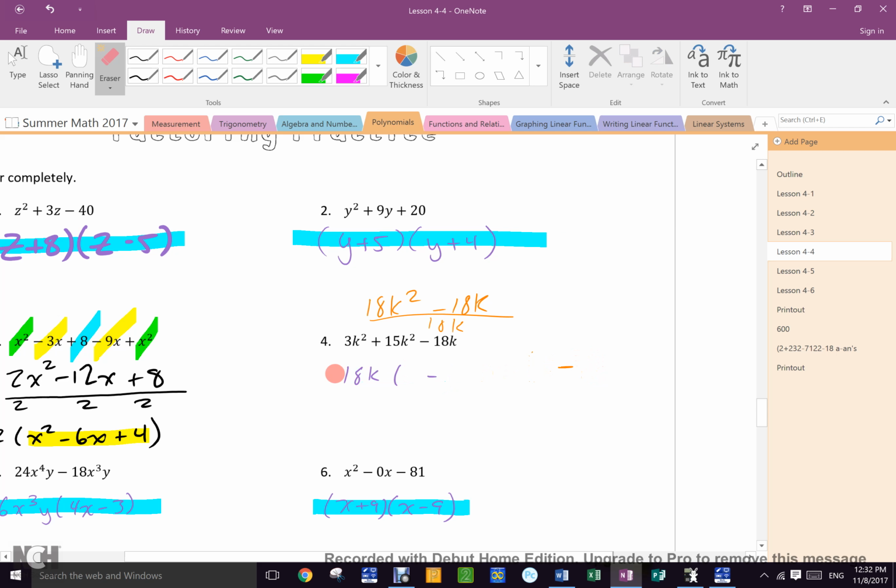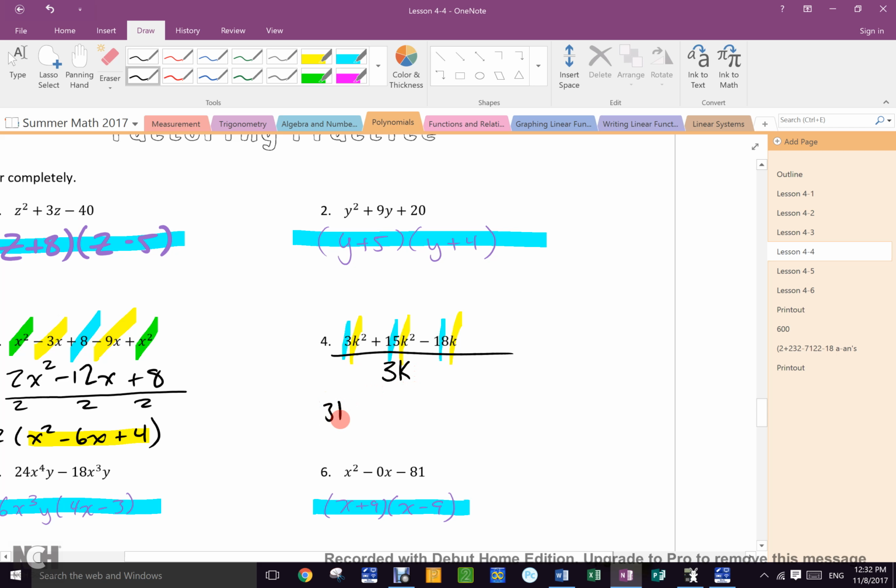Well, again, you will notice that 4 shares a common factor. 3K squared, 15K, 18K. What is the biggest number that can come out of there? 3. How many K's can come out of there? 1.